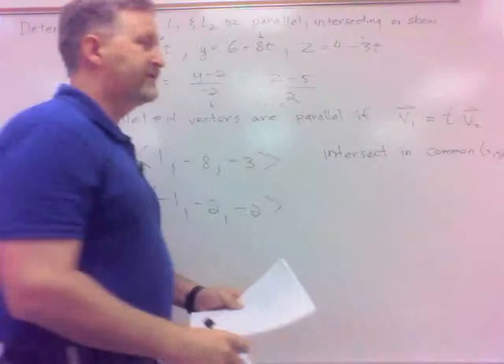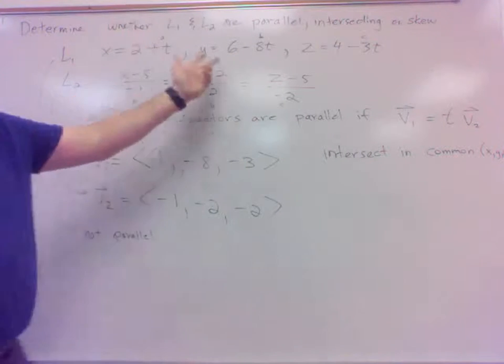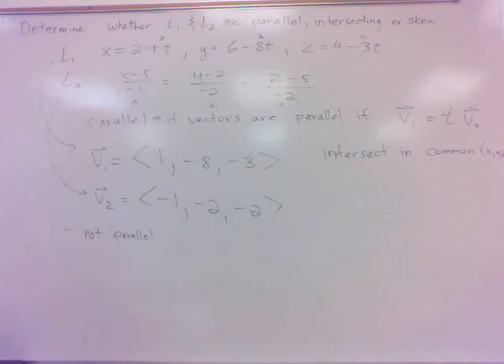So if they have a common XYZ point, an X value, a Y value, and a Z value, an ordered triple if you will, that works in both, we can find this by doing just a little solving of a system.